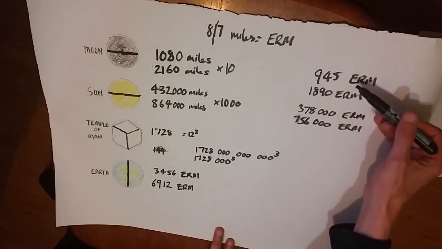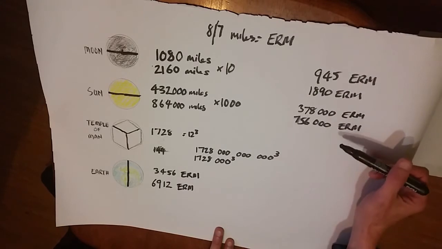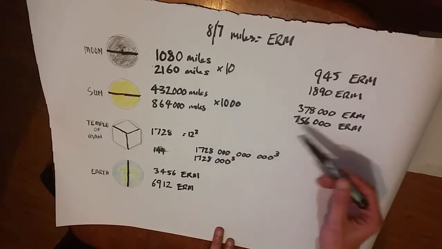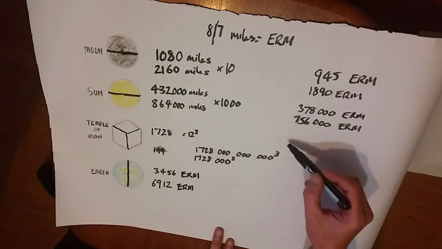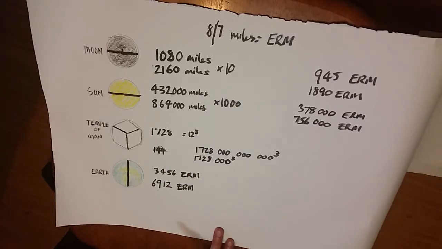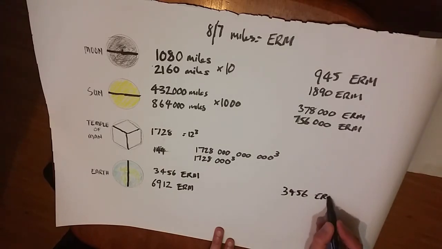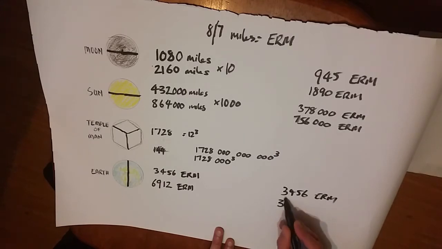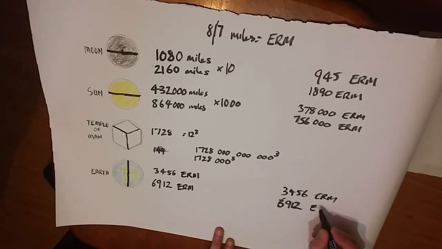But what we have is Egyptian royal miles, and these are one-dimensional measurements. So we have 3, 4, 5, 6 Egyptian royal miles, and 6912 Egyptian royal miles.